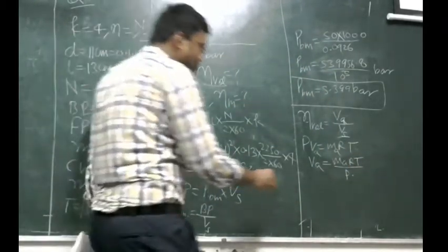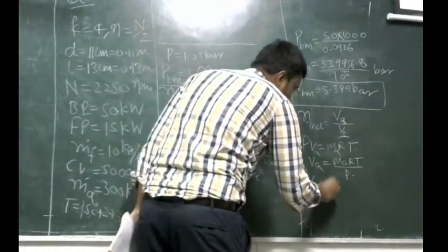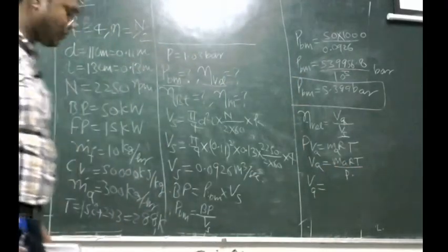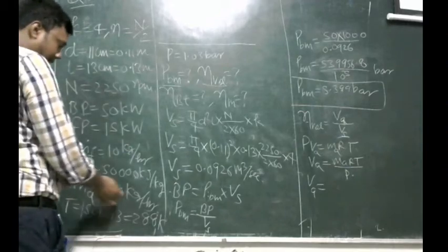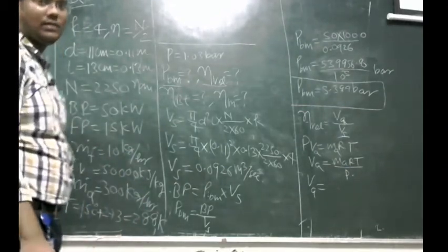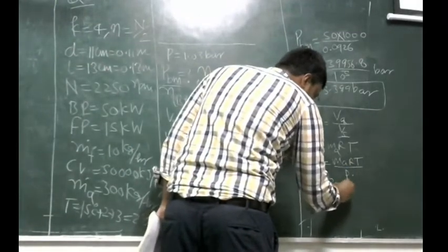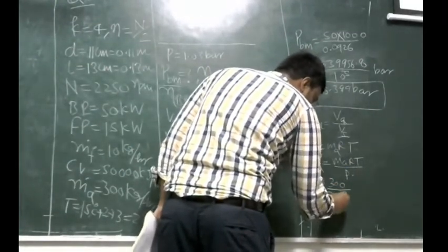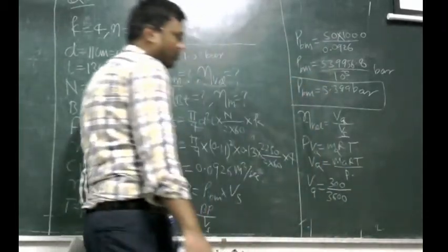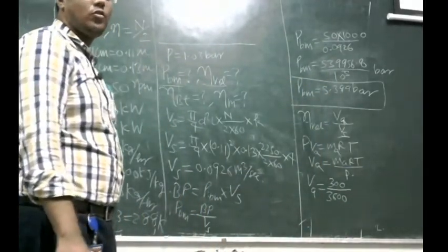If you put all the values, Va is equal to Ma. Mass flow rate of air is given in the question. It is equal to 300 kg per hour, but we have to convert the value to kg per second. So 300 should be divided by 3600. The value of R we know.